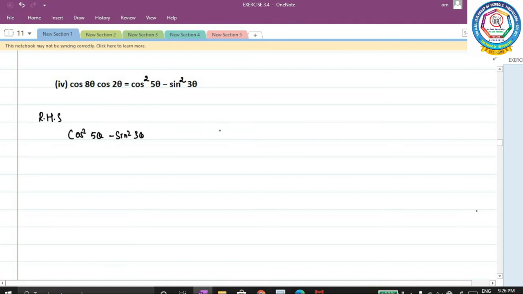We know the formula cos²A minus sin²B is equal to cos(A+B) into cos(A−B). Here instead of A place is 5θ and B place is 3θ.